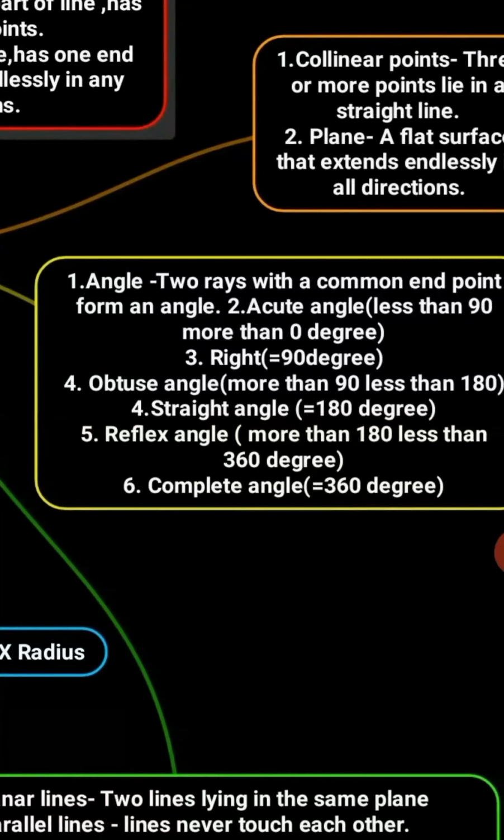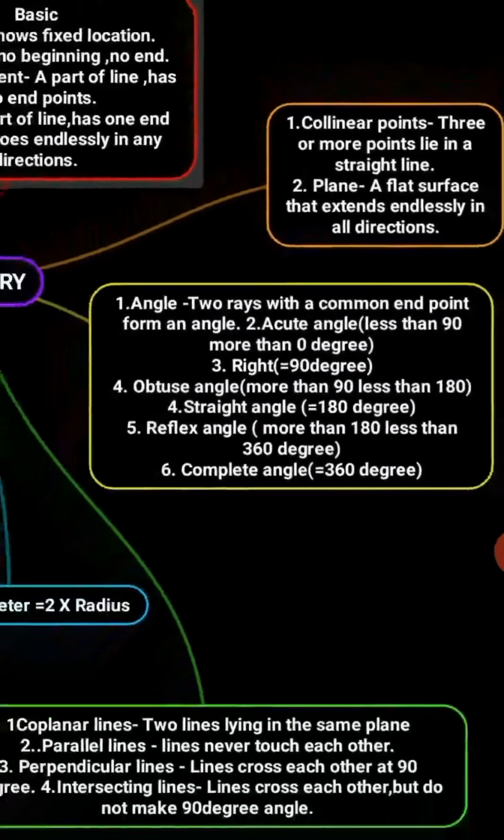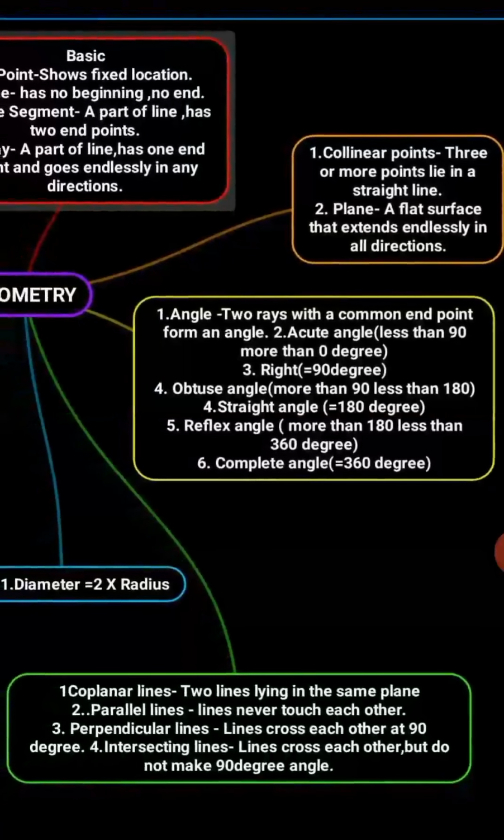Obtuse angle, whose measure is less than 180 degree but more than 90 degree. Next is straight angle, whose exact measure is 180 degree. Next is reflex angle, more than 180 degree but less than 360 degree. Last but not the least, complete angle. Complete angle is equal to 360 degree around a circle.